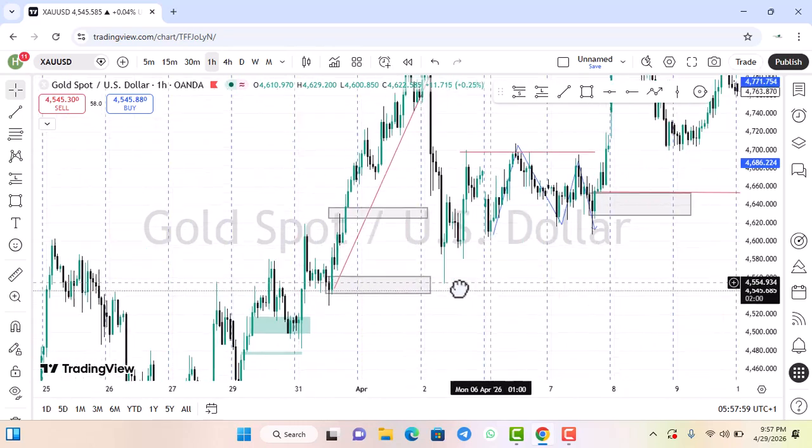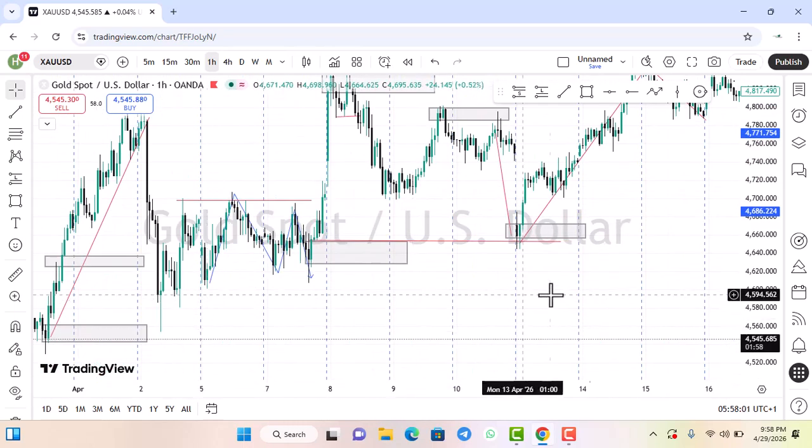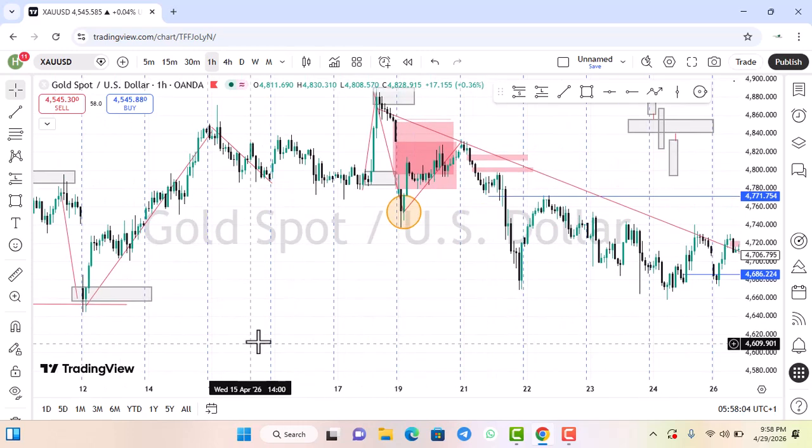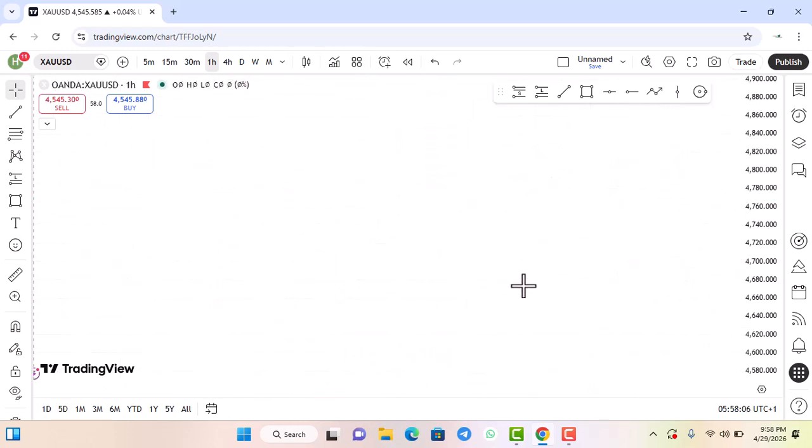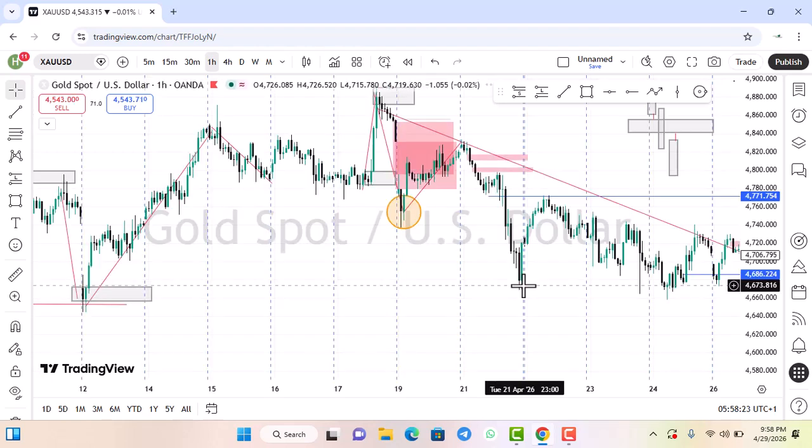So this is where traders really get it wrong. You understand? This is where they get it wrong. They don't know which of these order flows price respects and why price chooses the order flow. This is how you build a strategy: by looking at the chart, then understanding the objective of price action.